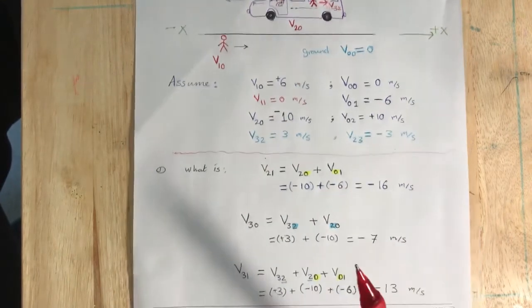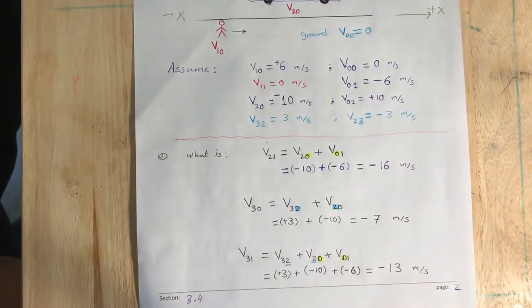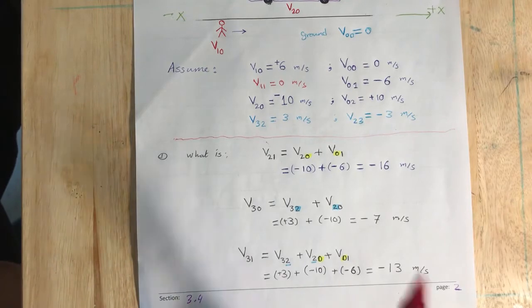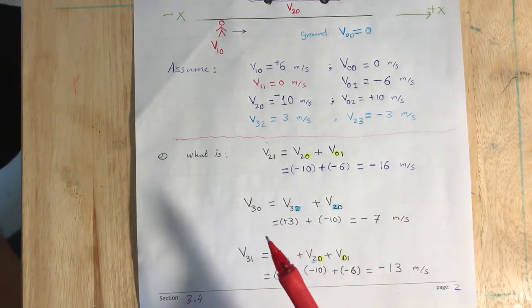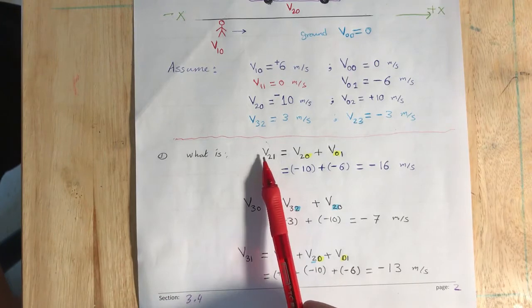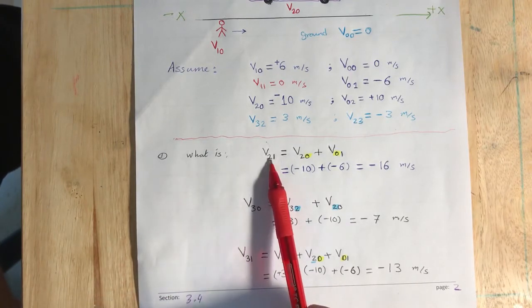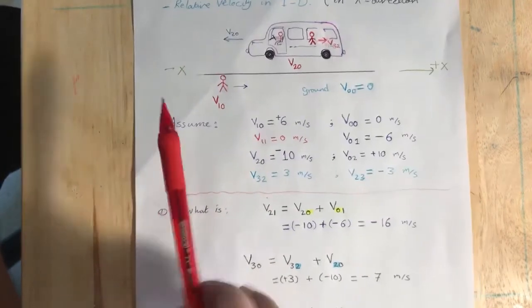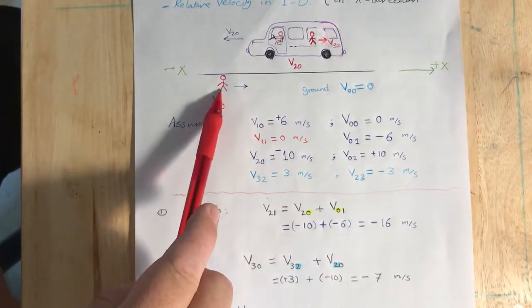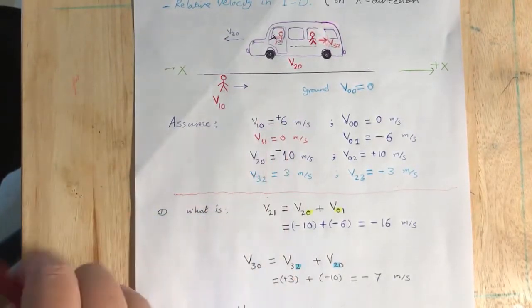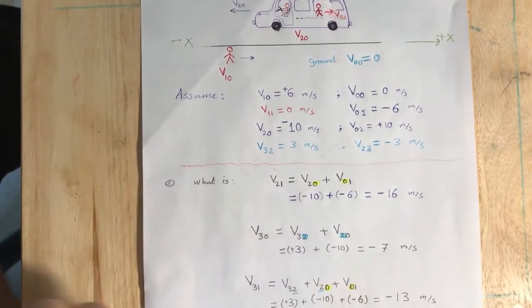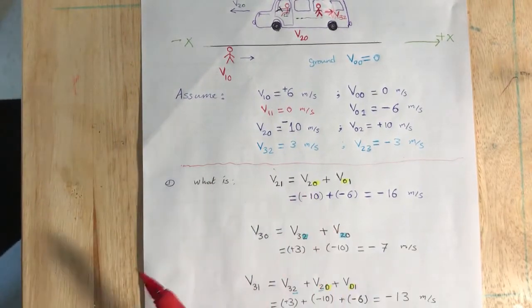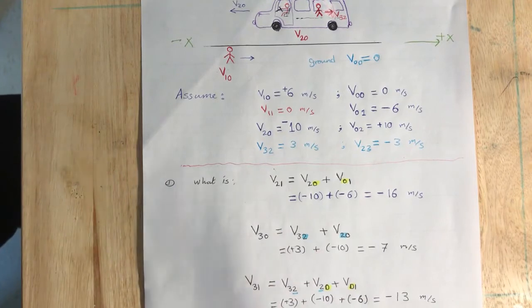So this should not be weird when we solve numerical examples. Now I need to find v2, where 2 is the bus and 1 is the person. I need to find the velocity of the bus with respect to the person who is moving with velocity 6. Maybe he is running. Now I need to jump between the known velocities.